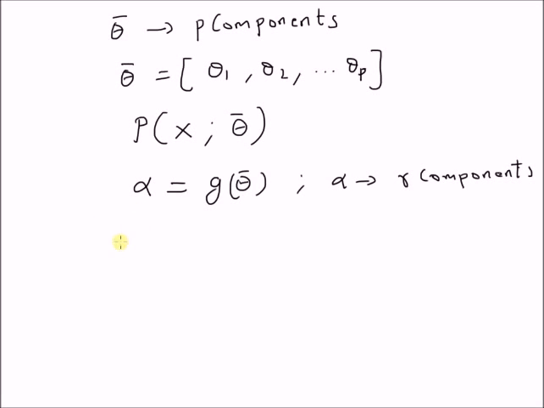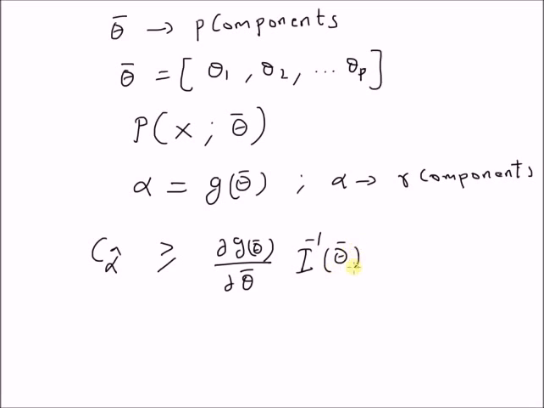So, the CRB for the covariance matrix of this new vector alpha is defined as follows. It is C alpha hat, that is the covariance of the estimator alpha hat, is bounded by the product of the Jacobian of the function g of theta bar multiplied by the inverse of the Fisher information matrix I inverse of theta bar, that is I of theta bar is the Fisher information matrix corresponding to the parameter vector theta bar, and then the transpose of the Jacobian.